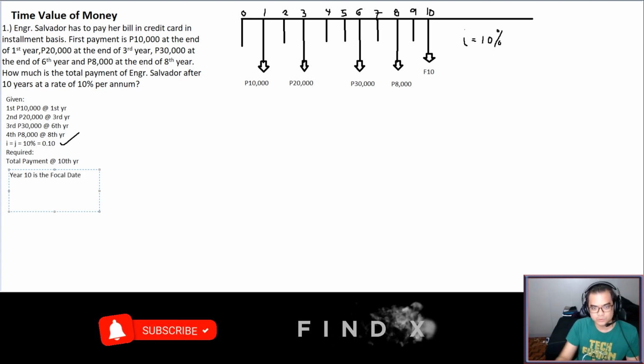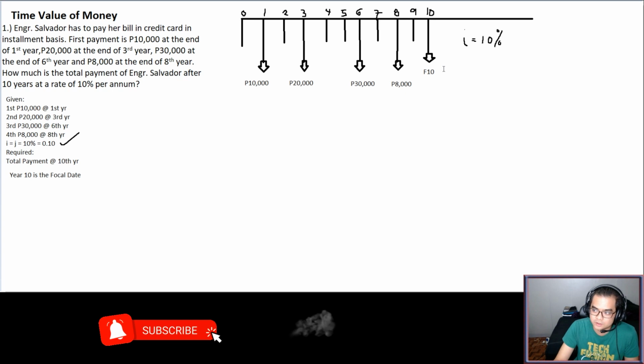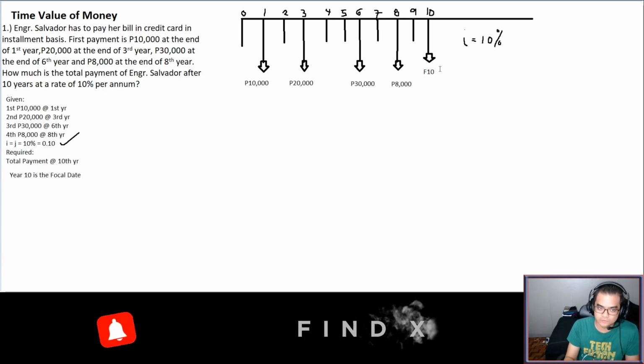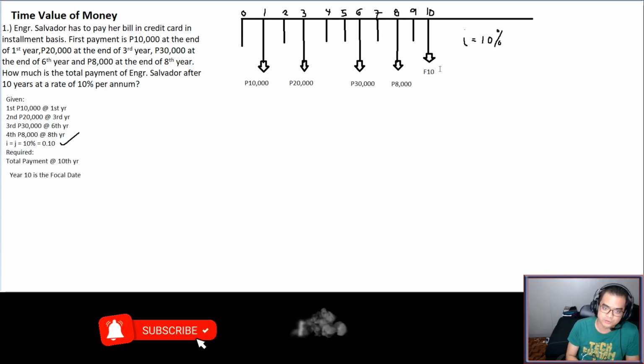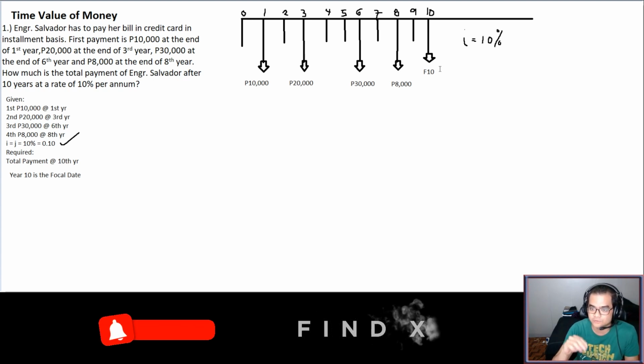From my explanation earlier, you can only add values which are in the same year. That's why we have to bring them all to the 10th year before we can add them and know the total payment.